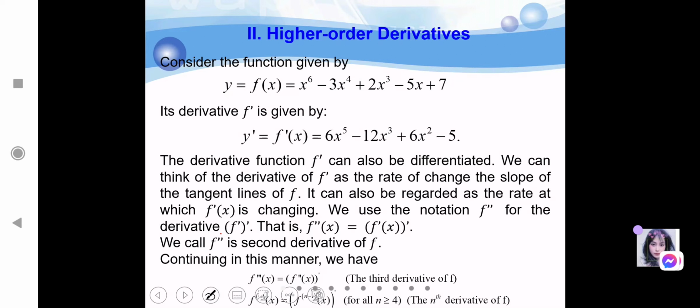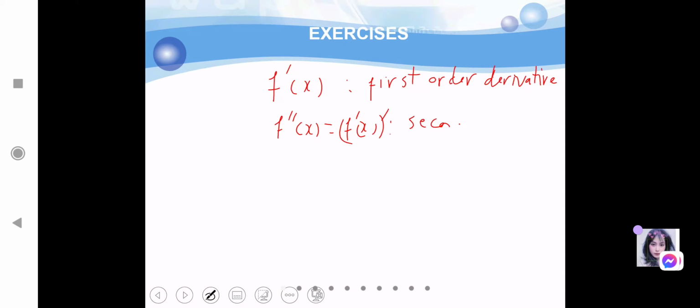Continuing in this manner, we have: f prime of x is the first order derivative, and f double prime of x, the derivative of f prime, is the second order derivative, and f triple prime of x, the derivative of f double prime, is the third order derivative.